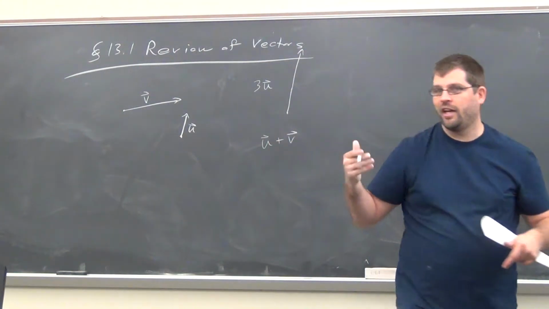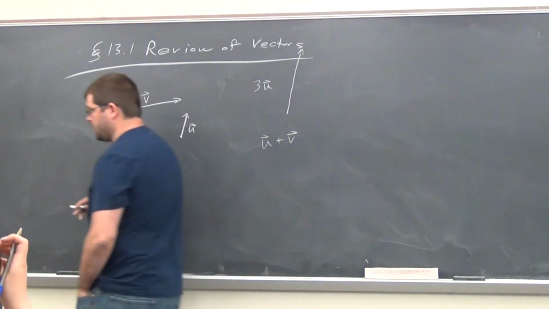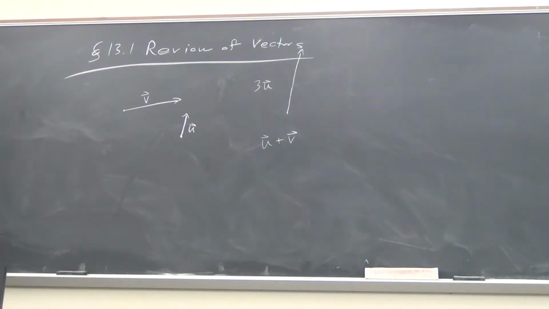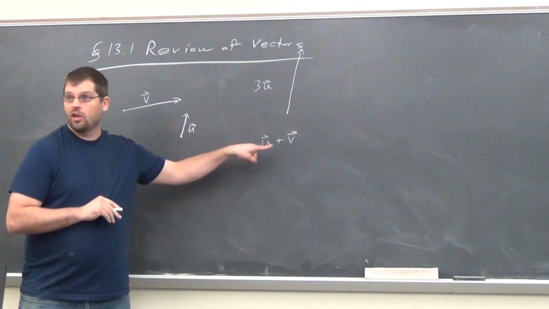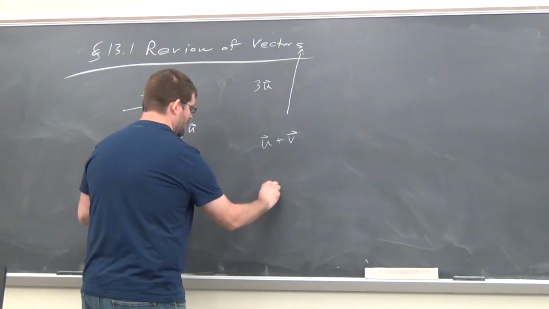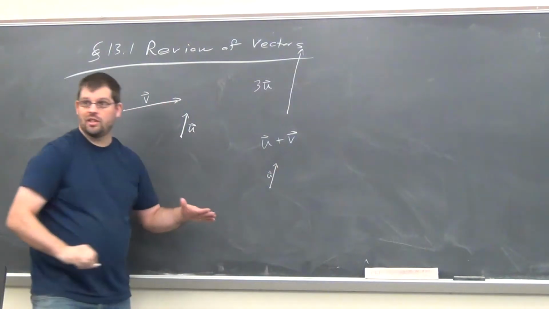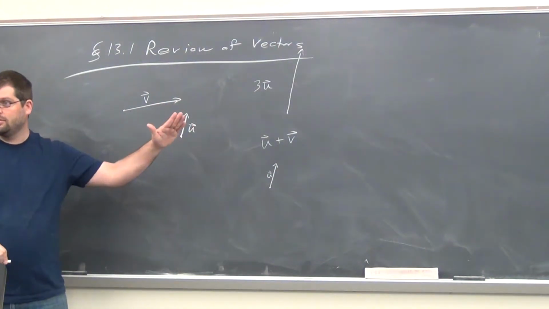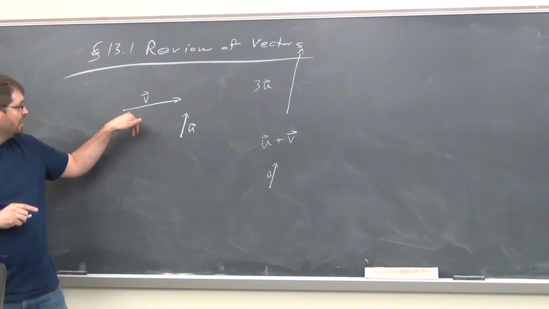What about u plus v? So how do we add vectors? This is the idea of adding them graphically. We put the tail of v on the head of u, so just work left to right. You start with whatever vector, so u looks like that. There's u, and then we just tack the v on, the tail of v to the head of u, so v looks like this.